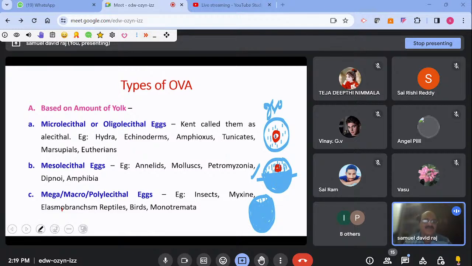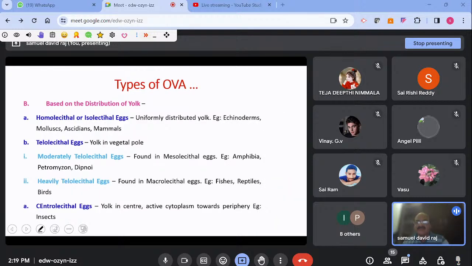In addition to this, there is another one called the centrolecithal egg, where the egg has yolk at the center and active cytoplasm towards the periphery, where the nucleus is located.